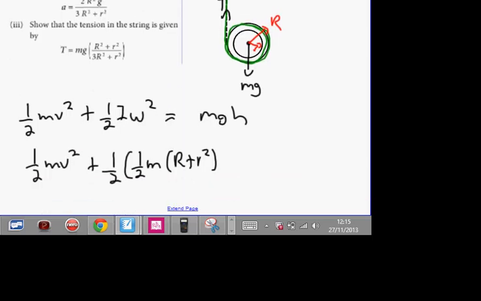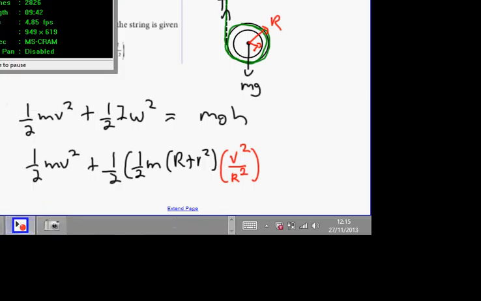And then that's all going to be times omega squared. Now is omega going to be v over small r or v over big R? How do we know? It's big R, because the string is wrapped around big R, not small r. Yes. The big R is squared as well.